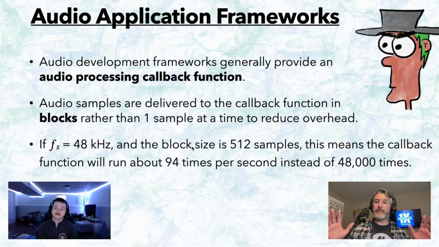A larger block size means less responsive but less CPU usage. So you pretty much want to dial it down to the lowest number that you can that doesn't result in a bunch of clicks and pops. The lowest number your audio plugins can keep up with. Cool. Okay.